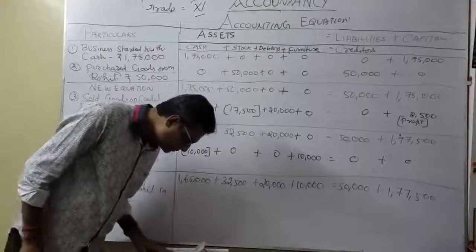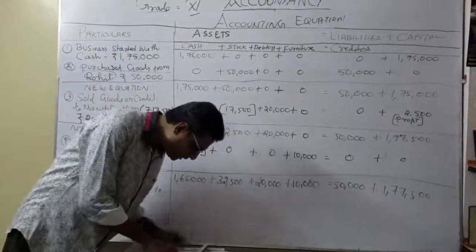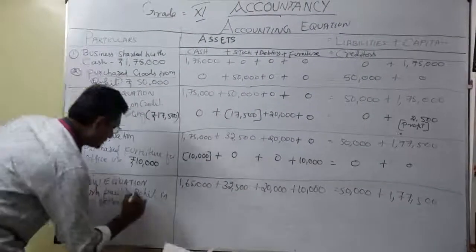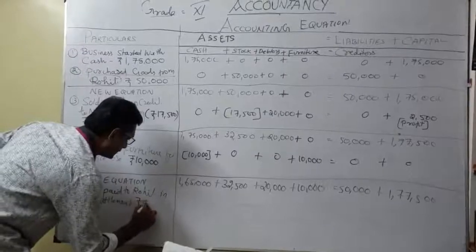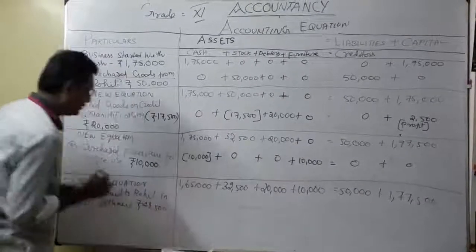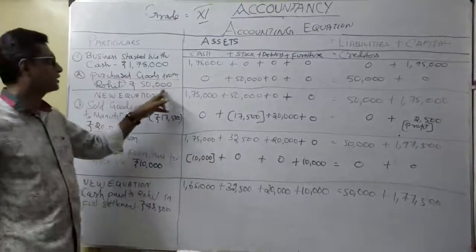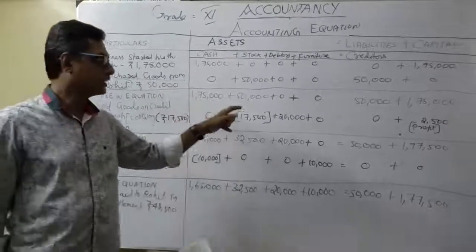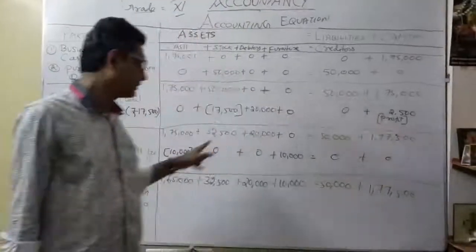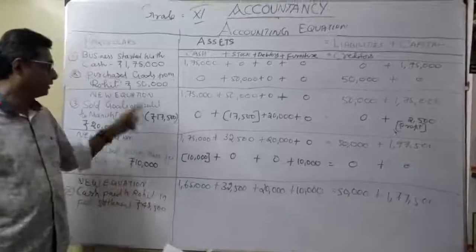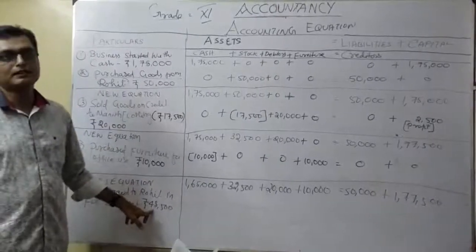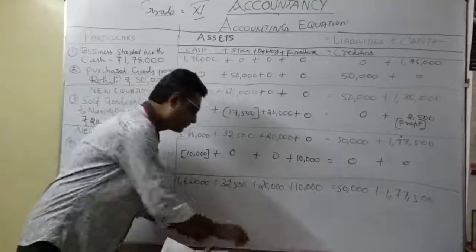Correct? So what did they say, how much is the settlement? Just 48,500. Actually, how much did you purchase? See here, we purchased 50,000. There you have shown it as creditors. So now you are going to pay that fellow Rohit. How much? Only 48,500. So how are you going to write? See, very important transaction.